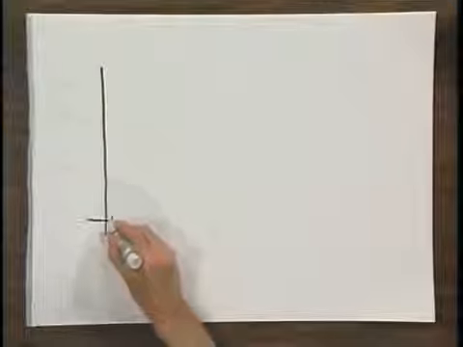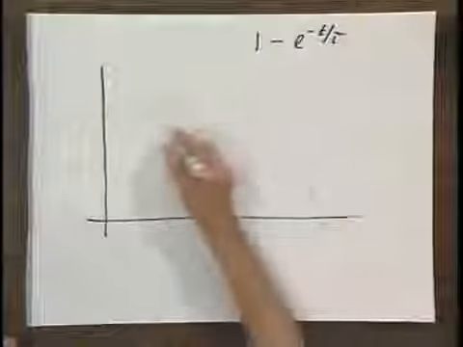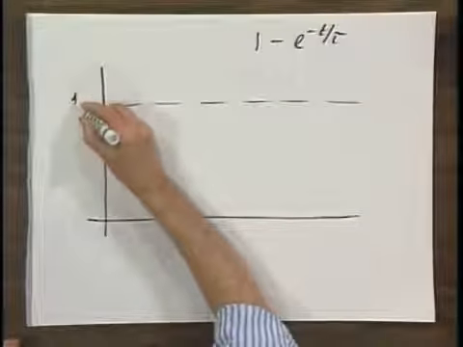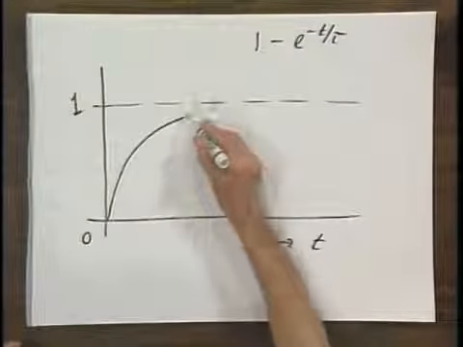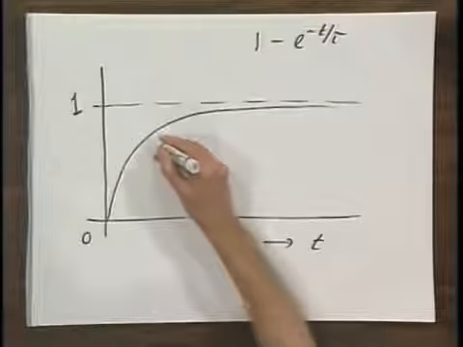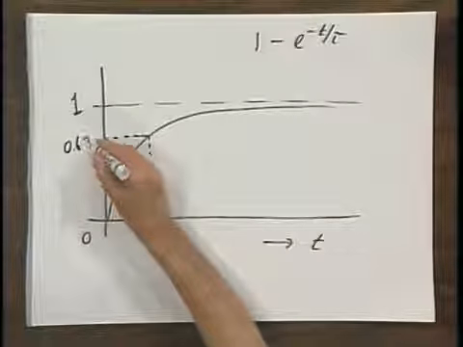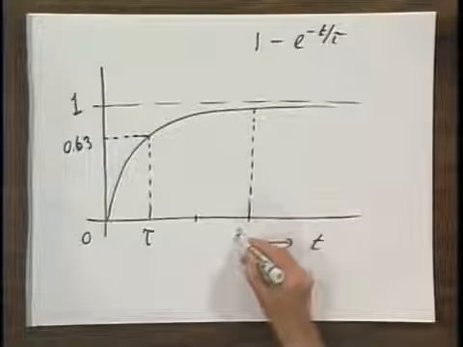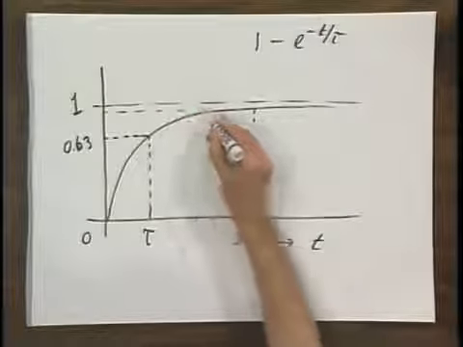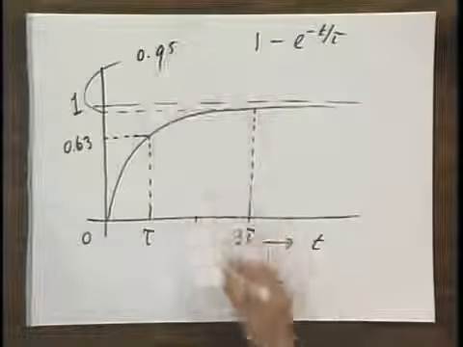the terminal velocity. If we simply make a plot of the term 1 minus e to the minus t over tau, so this value would be 1, this is time, and this is 0, then we have here this function, and then at 1 tau you are at 0.63, and at 3 tau you are already at a value of 0.95.